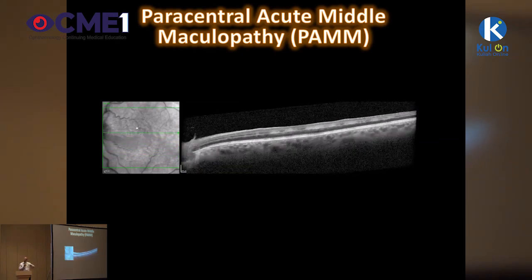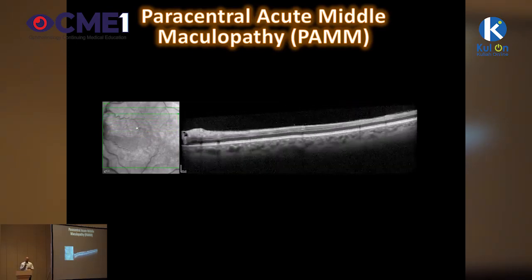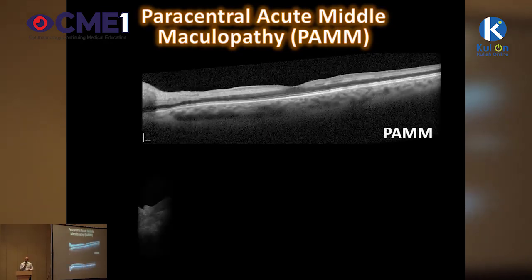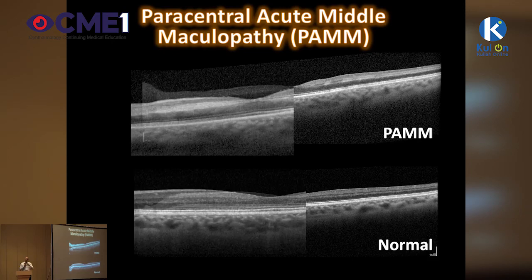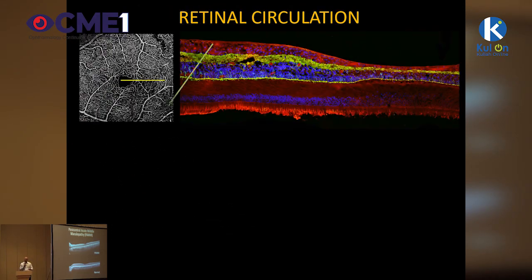So this is an OCT volume scan running through the retina. And have a look at that very carefully. So you'll see what's called a PAM lesion on the OCT. And the PAM lesion stands for paracentral acute middle maculopathy. So I've just compared a normal OCT to a PAM in this particular slide.